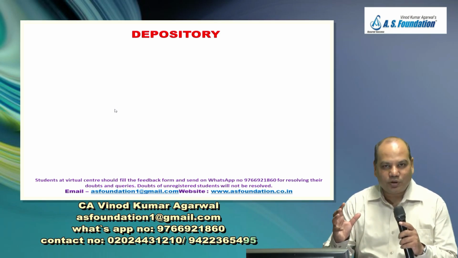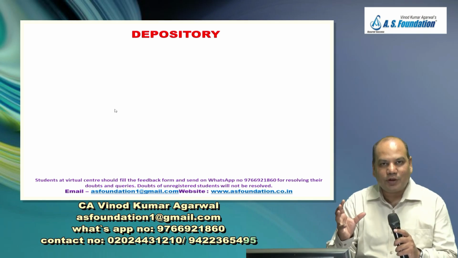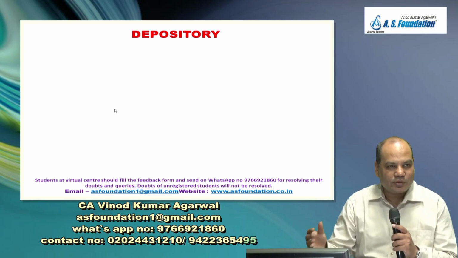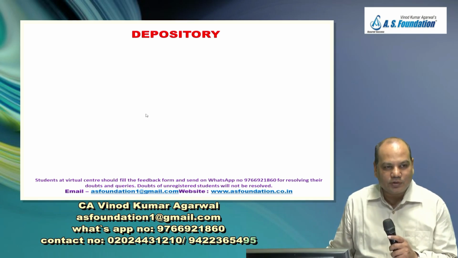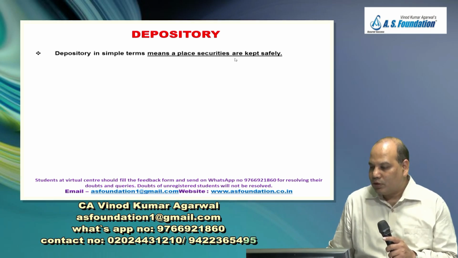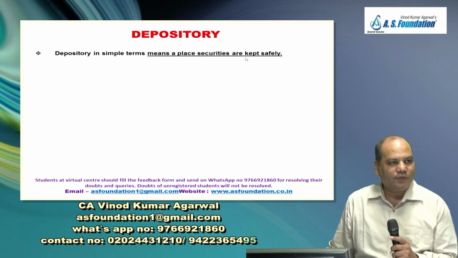So they are like, you can say, a bank, but instead of keeping money, they keep the securities on behalf of the investors. So depository in simple terms means a place where securities are kept safely.